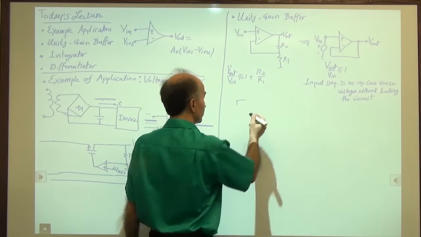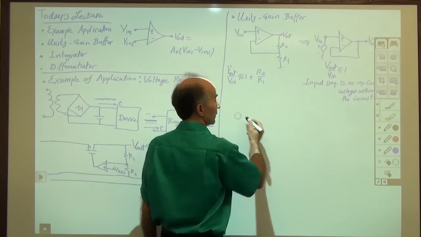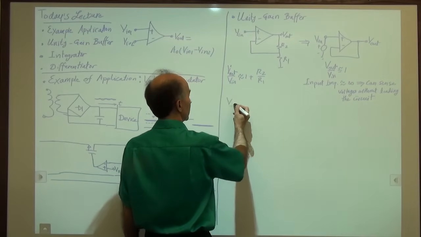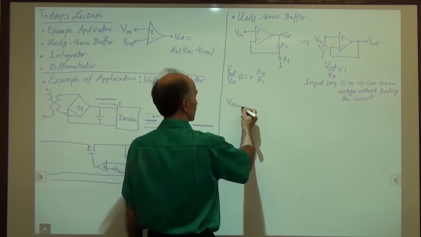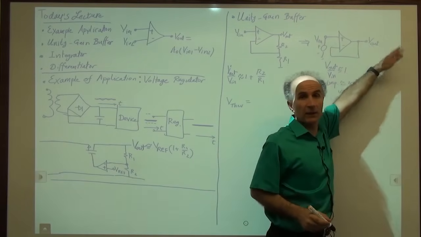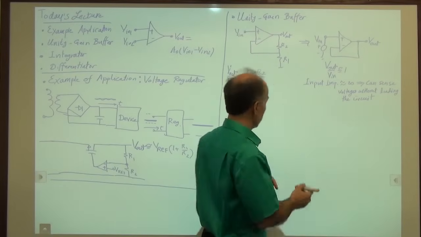First, let's find VTH. So VTH, meaning the Thevenin equivalent, or VThev, that's easy. VThev is equal to the voltage that we measure here when it's not connected to the rest of the world. Well, that's approximately equal to V in. So that's fine.